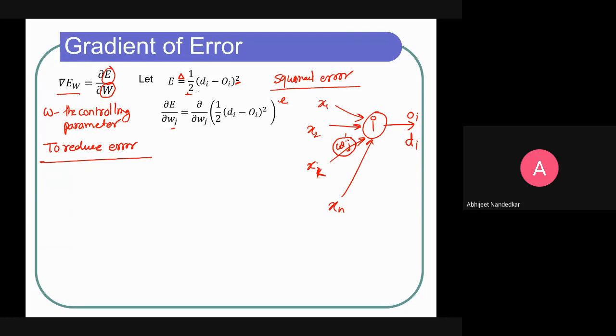We want to find the relation between the change in this weight and the error. So we differentiate the error with respect to Wj. We take this error function.